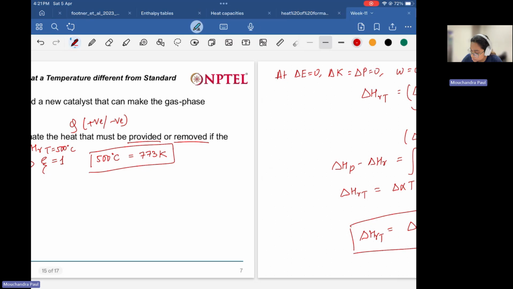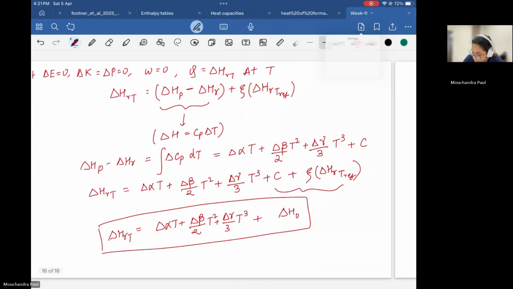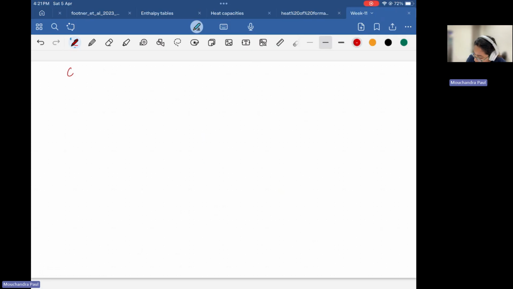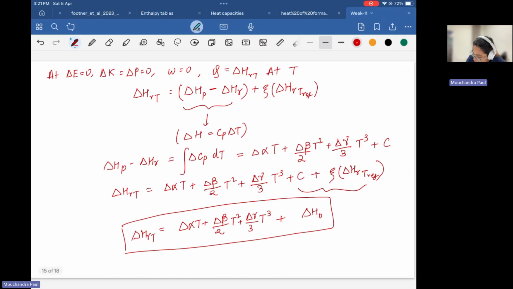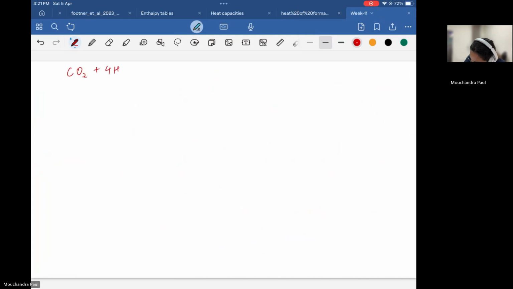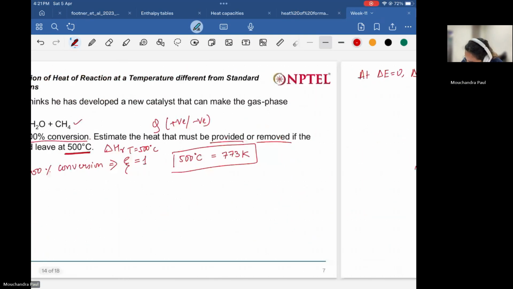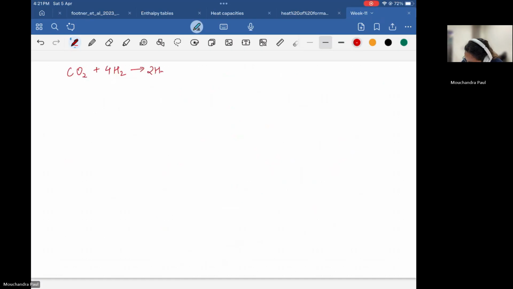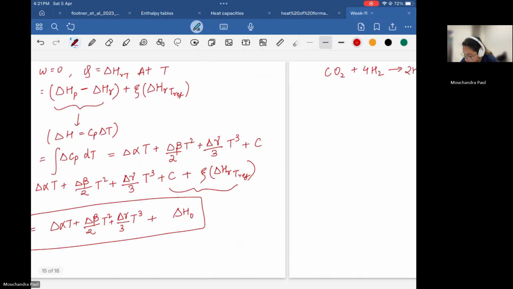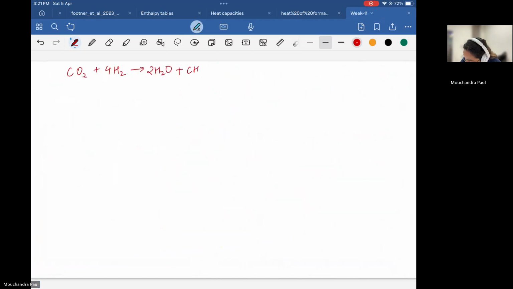So let's begin. The reaction is CO2 plus 4H2 gives 2H2O plus CH4. This is the reaction.